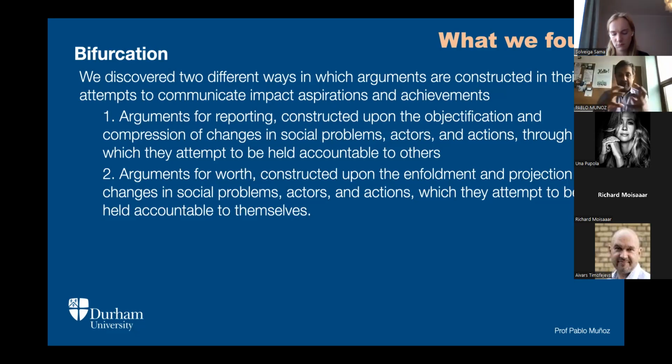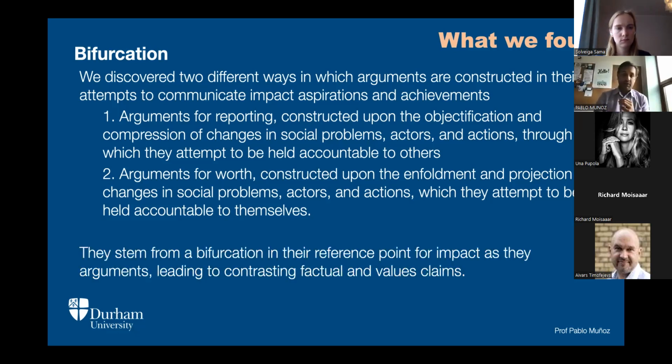And it's very interesting how they talk to each other, arguments for reporting and arguments for worth, and also how they clash with each other. So there's this bifurcation that is leading to different ways of constructing arguments, into constructing factual claims and value claims.